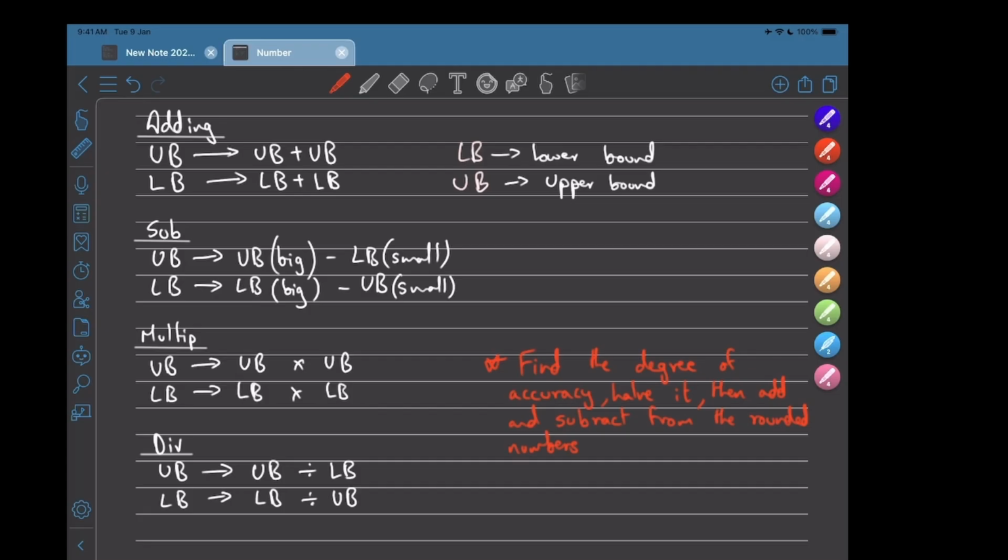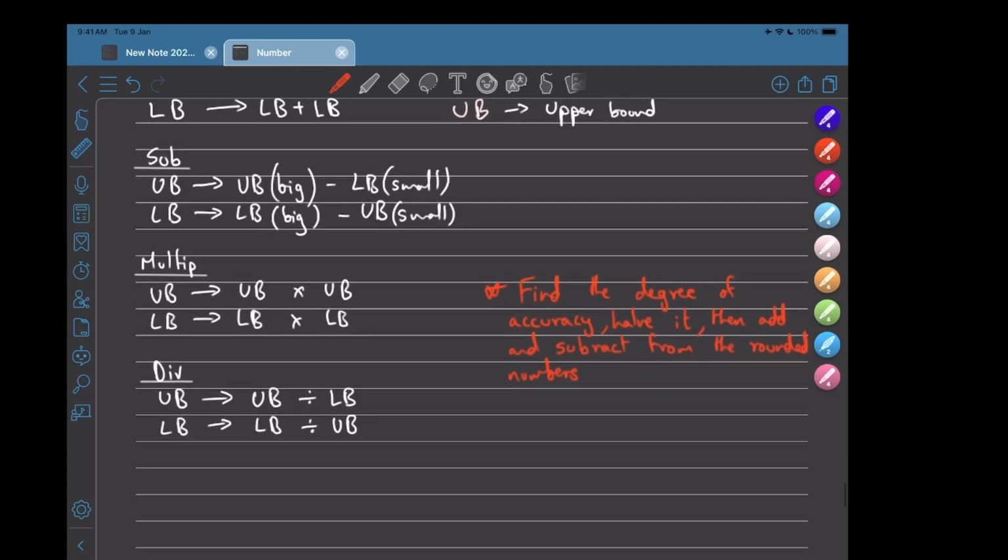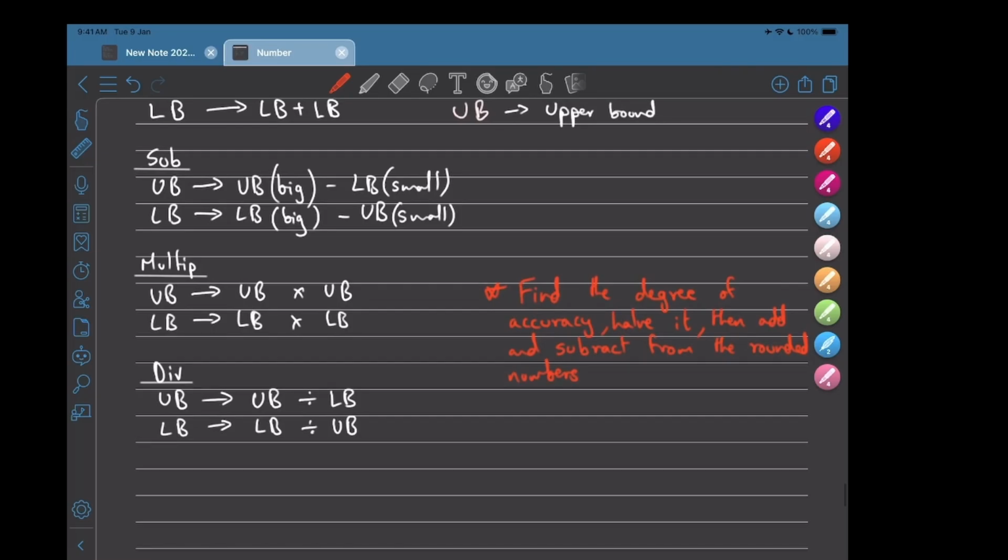When you're doing division or subtraction, that's when the rules become a little different. For upper bound, you take the upper bound of the bigger value and the lower bound of the smaller value. For lower bound, you take the lower bound of the bigger value and the upper bound of the smaller value. I hope that was clear. Again, when finding the upper bound in a subtraction, you take the upper bound of the bigger value and then the lower bound of the smaller value.